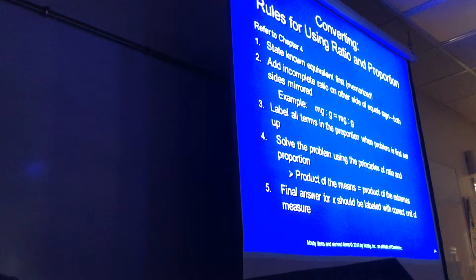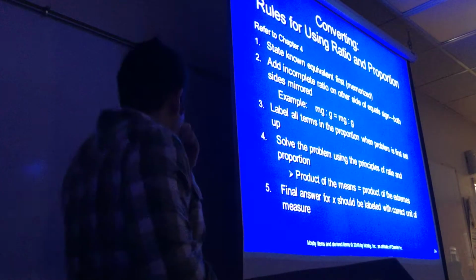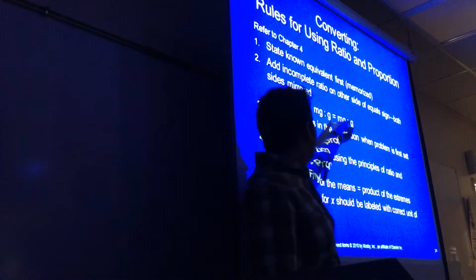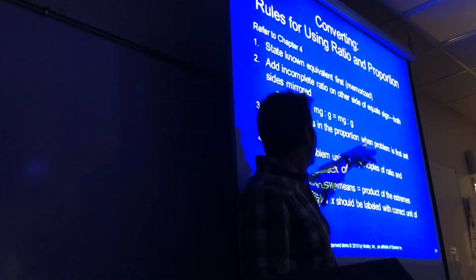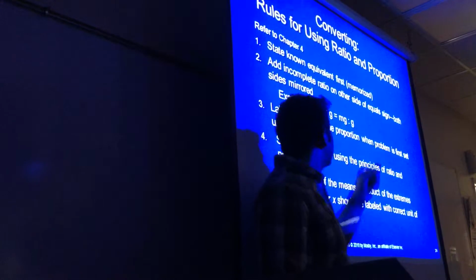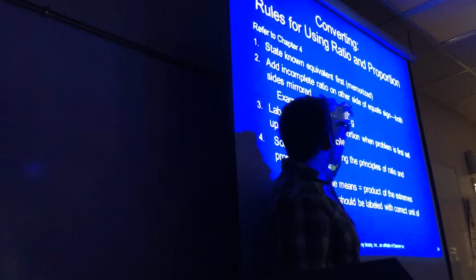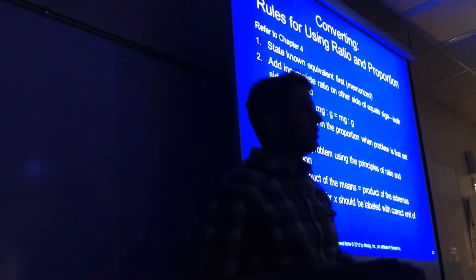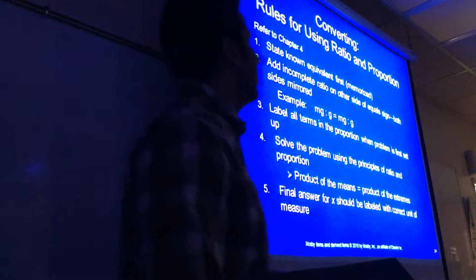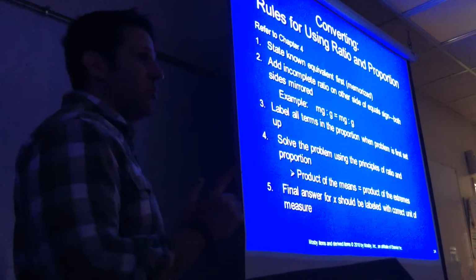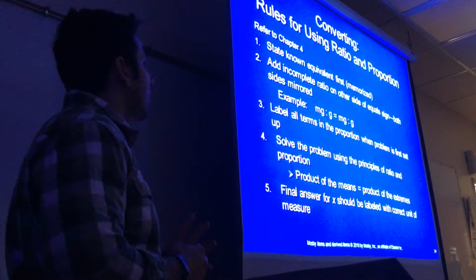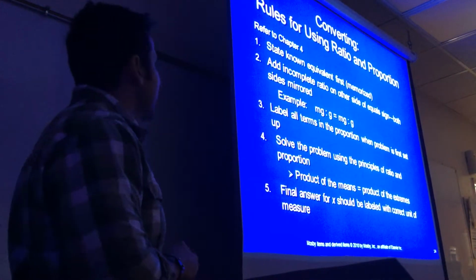So just remember, if you have milligrams per grams on this side, it needs to be milligrams per grams on this side. So when you do the means and extremes, either way, when you do the outsides and the insides, whatever way works for you, you are multiplying the right numbers to get the right answer. Otherwise, it will mess you up, okay?